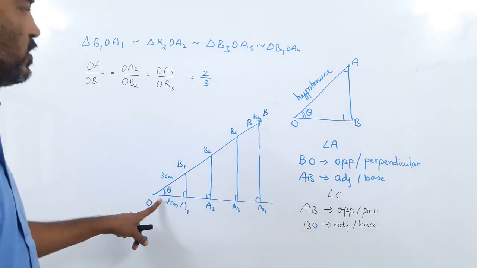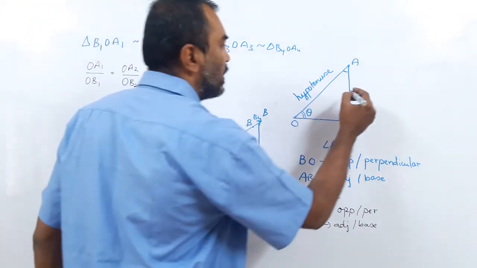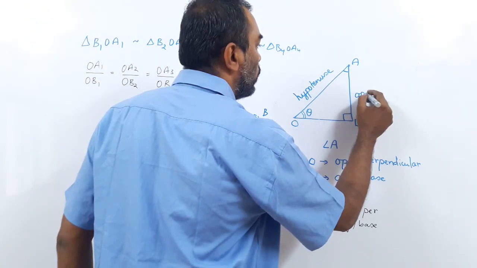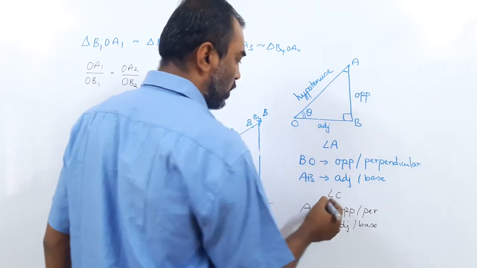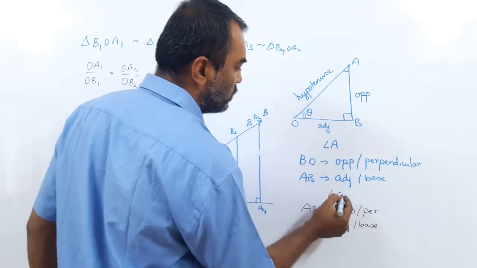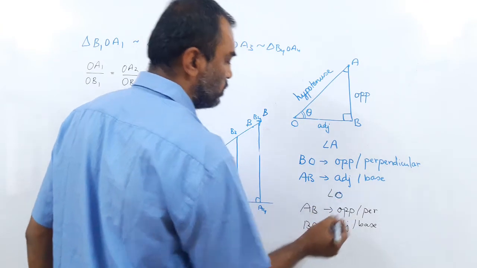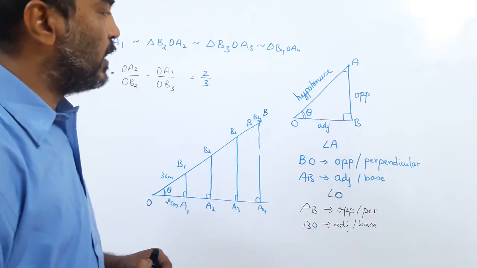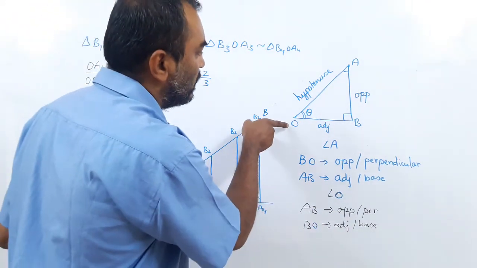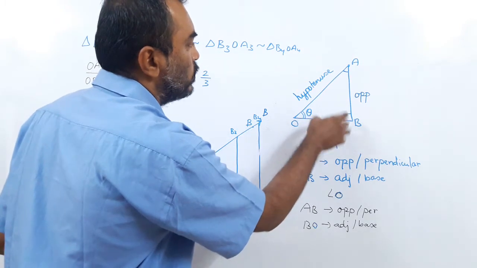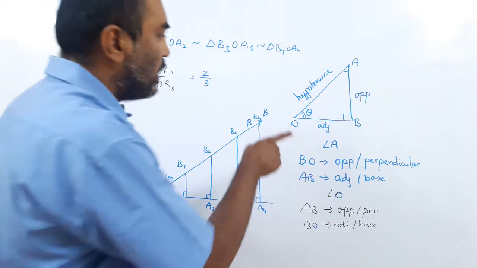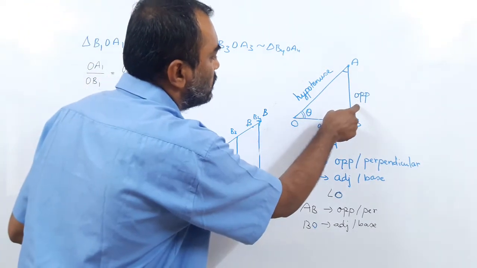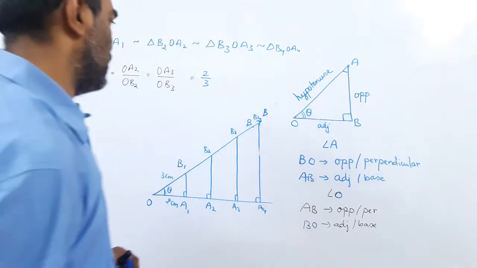Now because I have taken this angle, I will take this as the opposite side and this as the adjacent side, according to the rule. I have taken angle C, so angle C has become angle O. The side opposite to the right angle is always called the hypotenuse. And because I took angle O, this is the opposite side and this is the adjacent side.